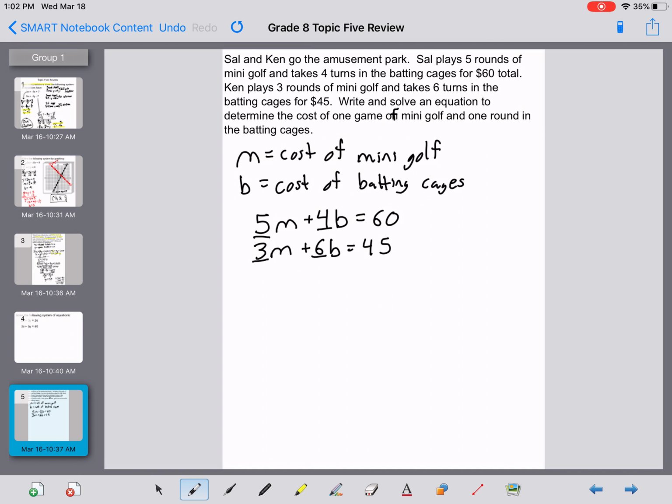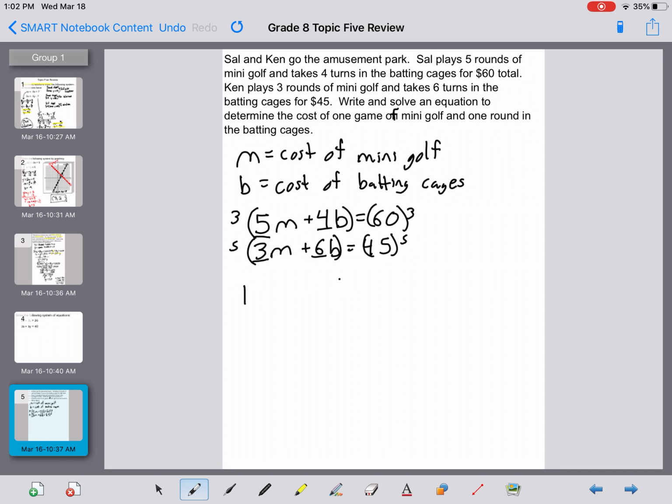I'm going to get rid of the M, and I'm going to turn both M's to have a coefficient of 15. I can multiply the top equation by 3 on both sides, and the bottom equation by 5 on both sides. Whenever you're doing this, you have to multiply both sides by the same number.